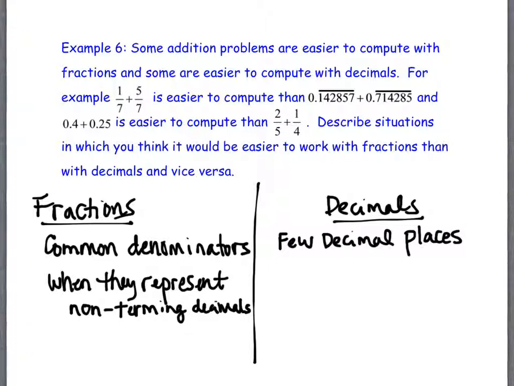Even if you worked with 1/3 as a fraction and 1/7 as a fraction, well, 1/3 is 0.3 repeating, and 1/7 is apparently 0.142857 repeating. I'd still rather do it in fractional form because I don't have the same kind of expansion to be adding together, which is unfriendly. Can you think of any other cases where it's nicer to work with one versus the other?